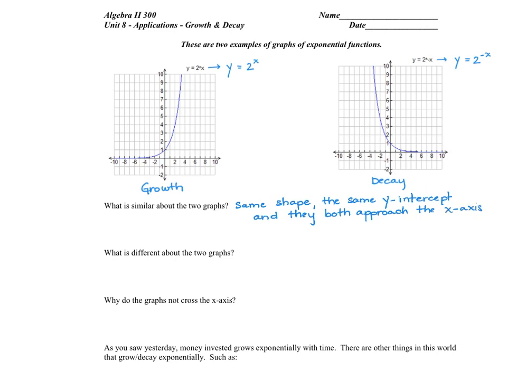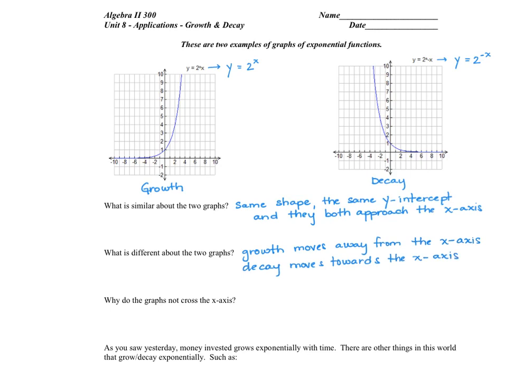Something that's different is that growth moves away from the x-axis as we move from left to right, and decay moves towards the x-axis as we move from left to right.